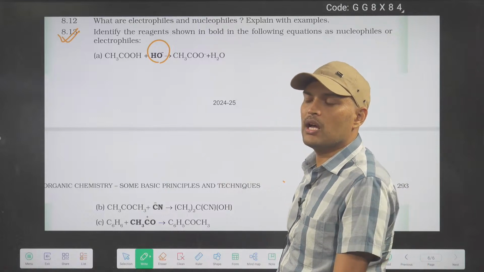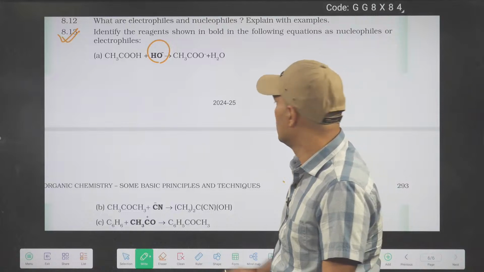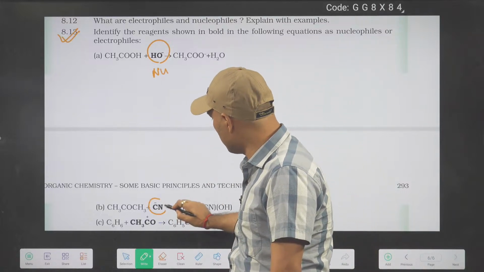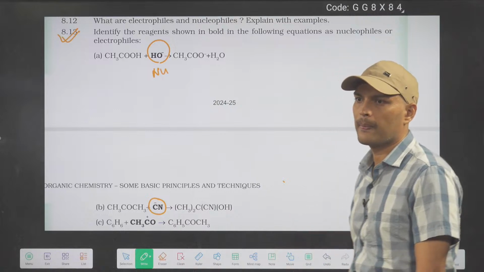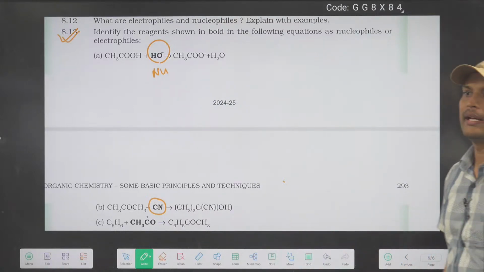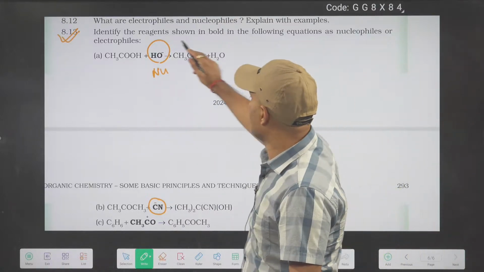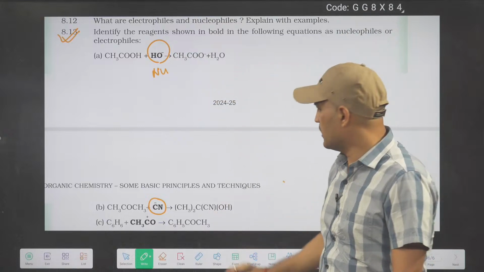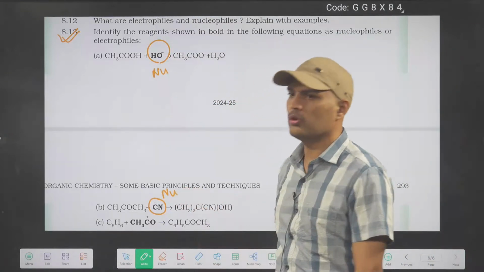OH minus is a nucleophile. What is this CN minus? Electrophile, nucleophile, you have to tell. Have you read the question? CN minus is also a nucleophile.